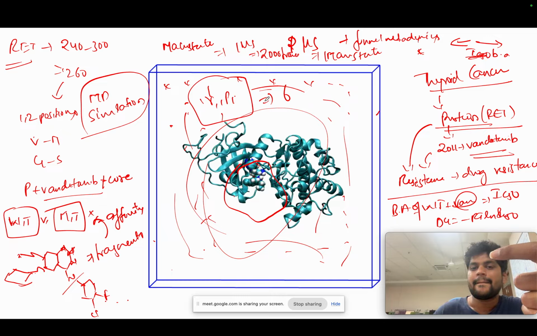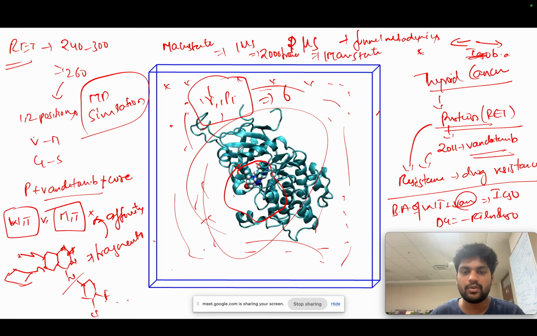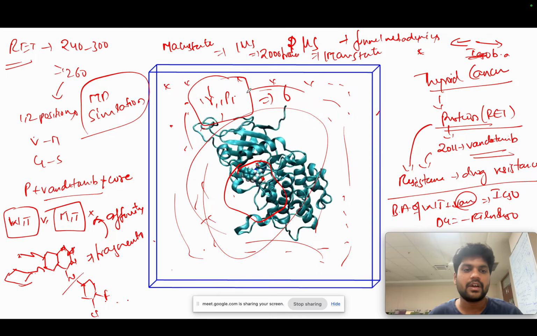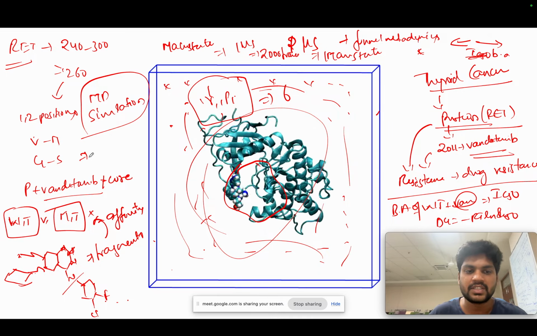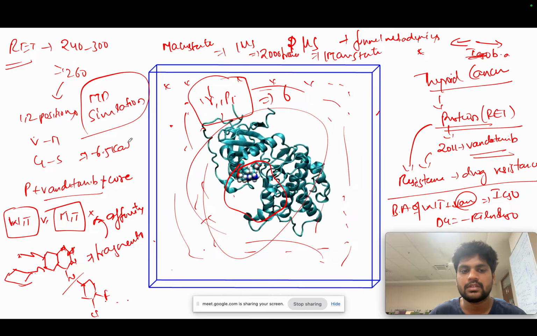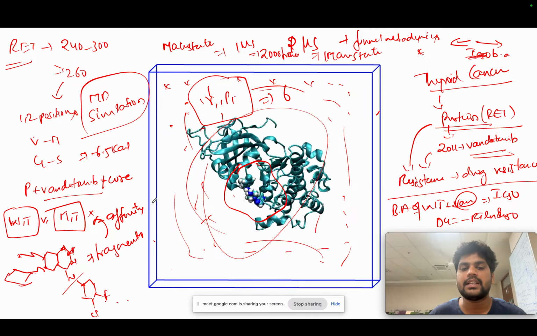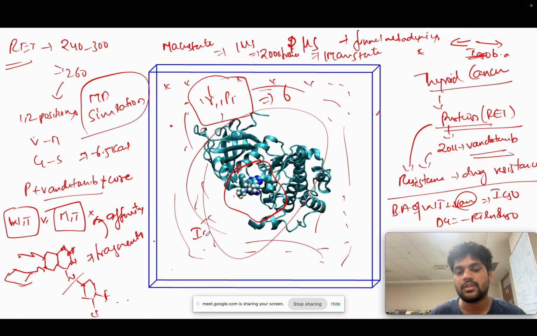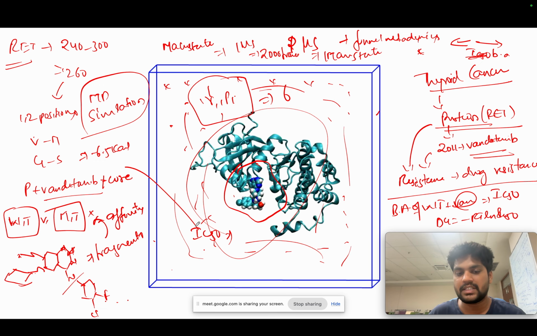Yes, sir. So based upon this, if you run for long enough, and from the literature you will understand how much is long enough, we have run that much time. We found that the binding affinity of the original molecule is, suppose, minus 6.5 kilocalories. We compared this analysis with the experimental value, which is in line with the minus 6.5.